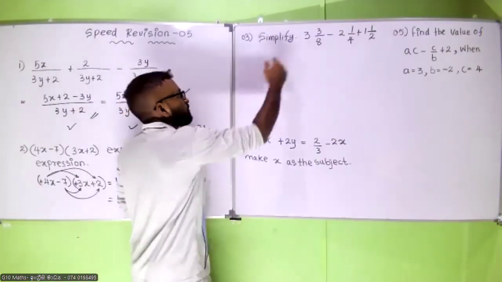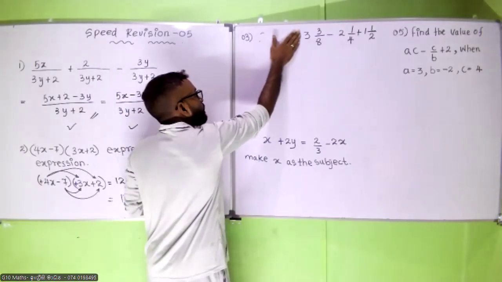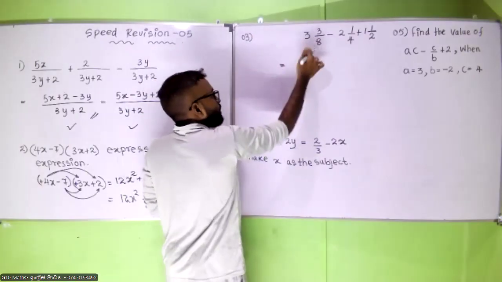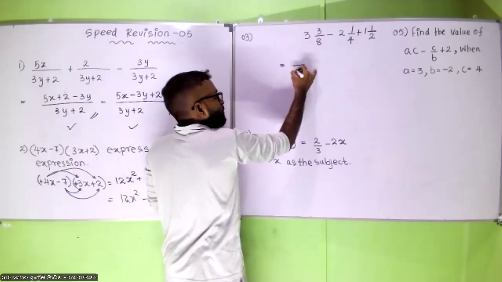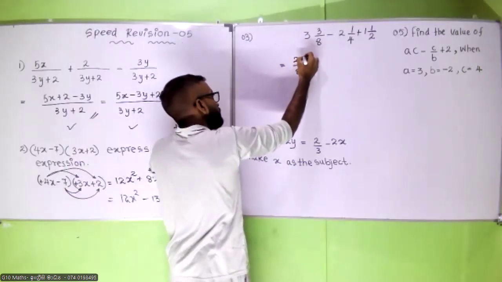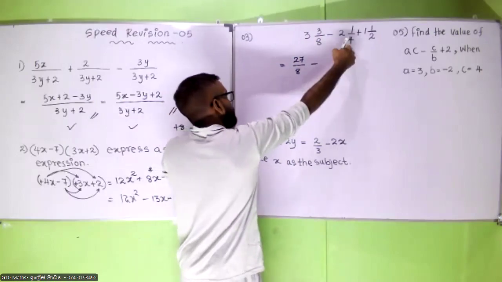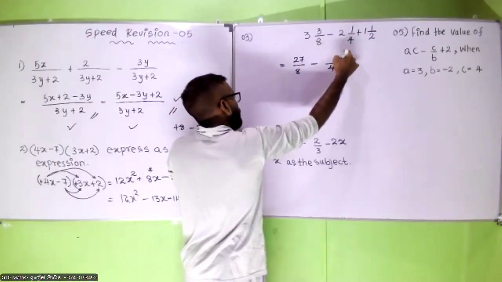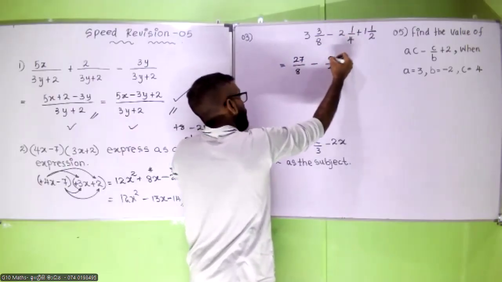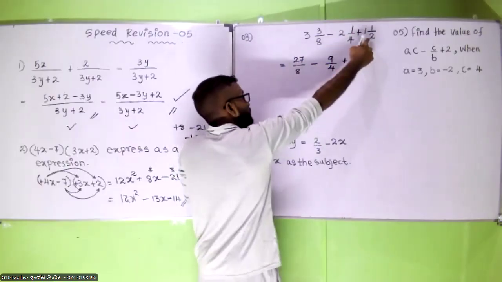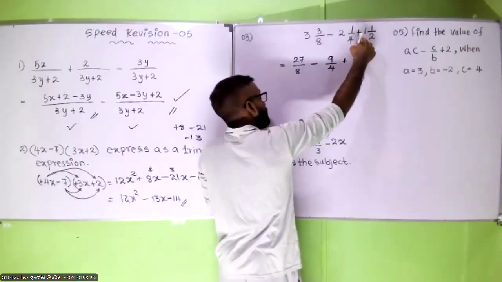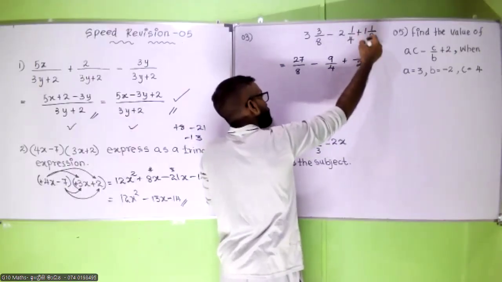So this one, equal mark. The denominator is 8. 8 times 3, 24. 24 plus 3 means 27. Minus, the denominator is 4. 4 times 2, 8. 8 plus 1, 9. Here you have the denominator 2. 2 times 1, 2. 2 plus 1, 3.